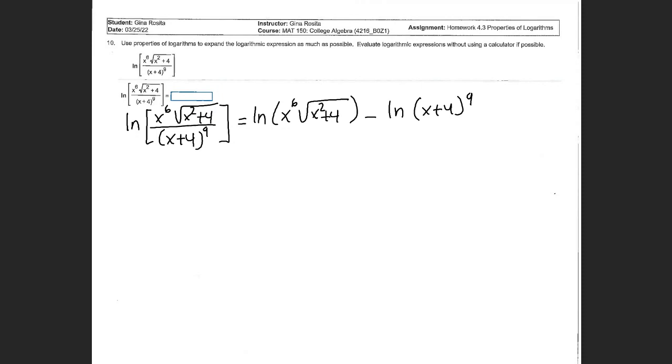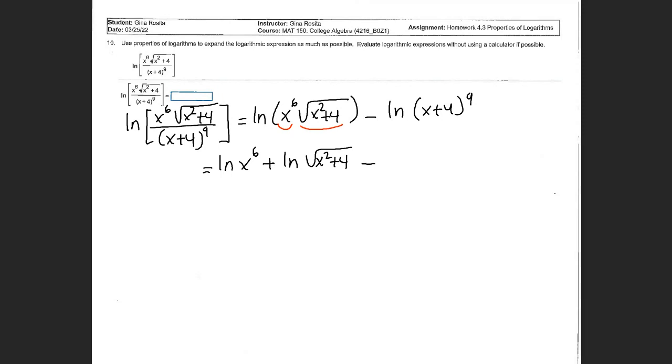So now, after this, there is a product over there, yeah? So this is product, right? I just use the x to the 6 times square root x squared plus 4, yeah? It's product, yeah? So I just write down again, equal natural log x to the 6 plus natural log square root x squared plus 4, okay?